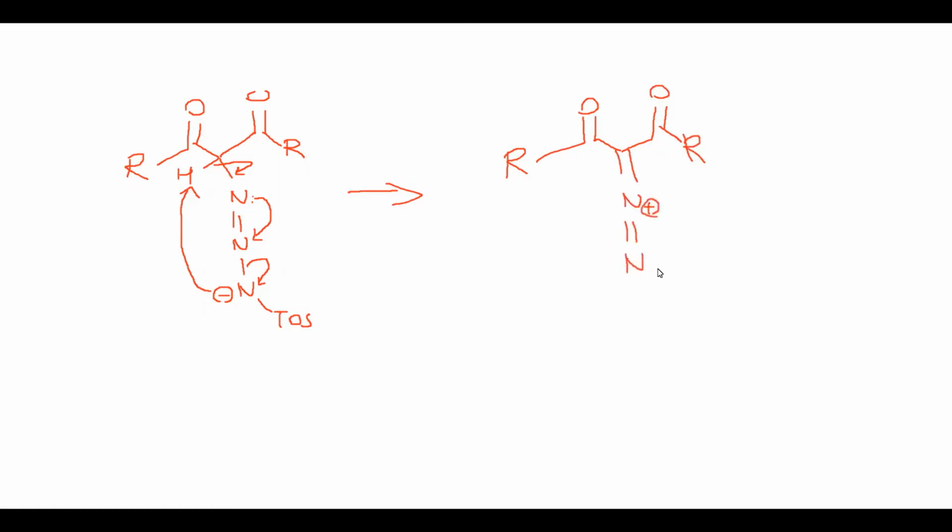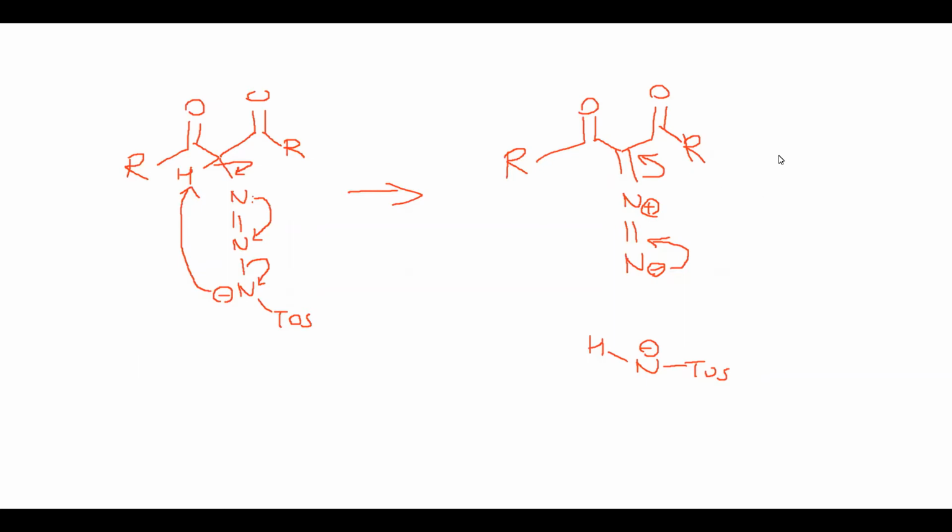With our positive charge and our negative charge, and our leaving group also here. So like we know, this is our diazo compound where we can move our electrons to form a negative charge on the carbon if we want.